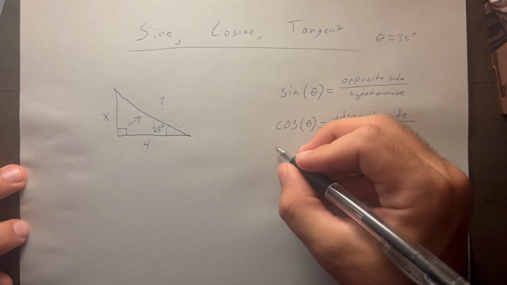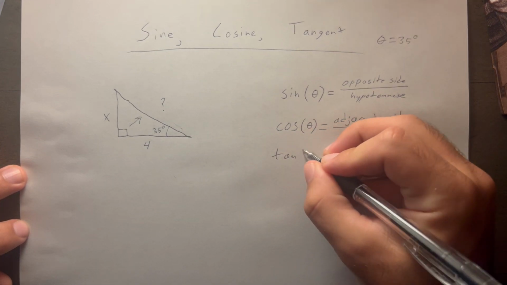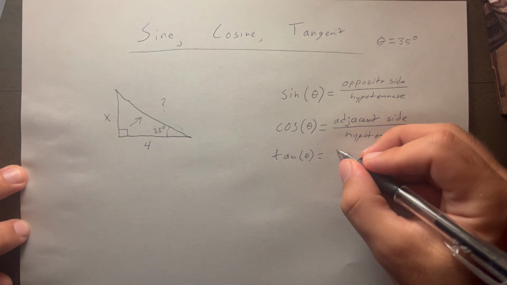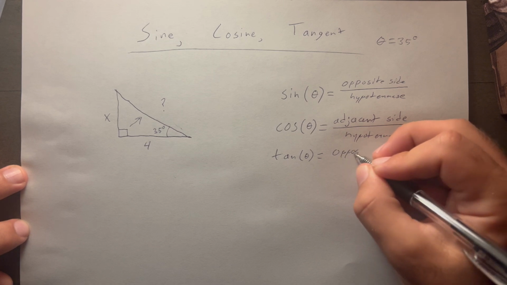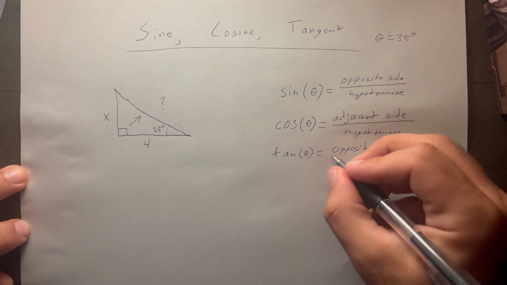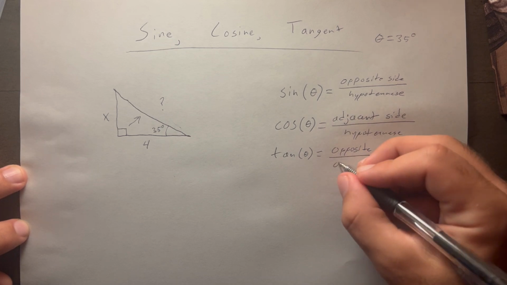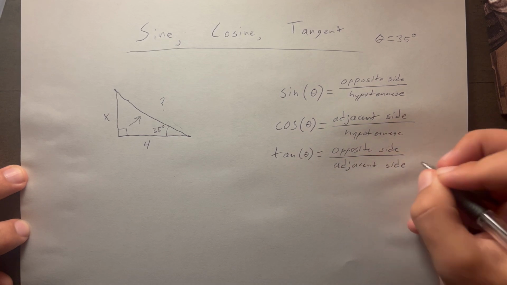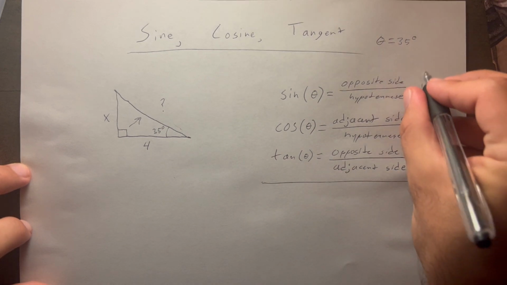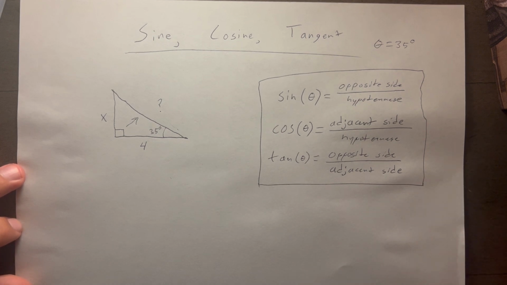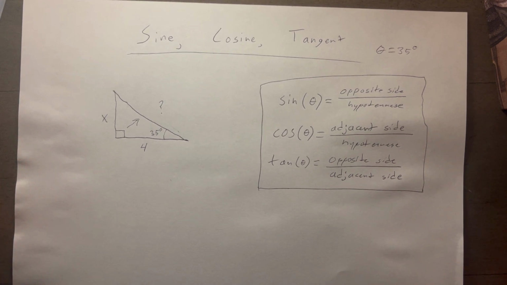And finally, tangent of theta equals the opposite side length divided by the adjacent side length. Okay. So these right here are the most important part. Eventually you'll need to remember these, memorize them somehow.